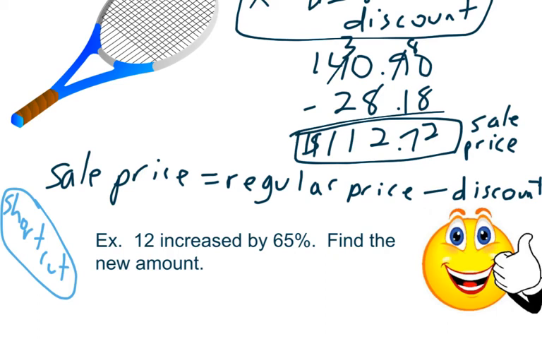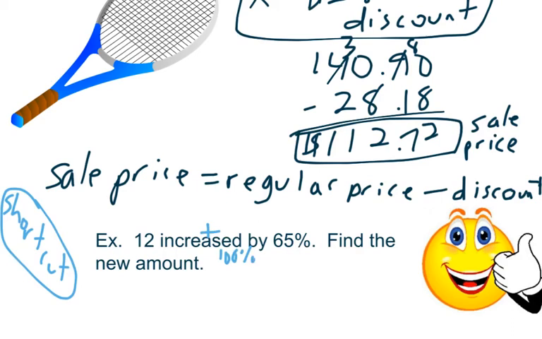so for example, let's say that the number 12 increased by 65%. Find the new amount. Well, since I know it increased, I know I'm going to be adding. So I'm adding that whole amount. So if I'm adding the whole amount, that's 100%.